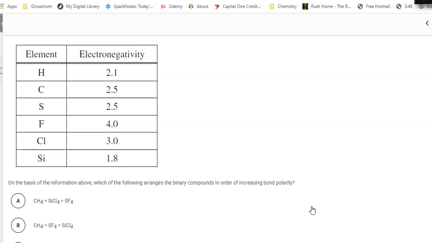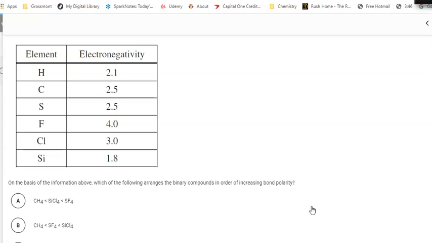However, SiCl4 will stick together with other SiCl4 better than CH4 sticks together with other CH4. And the reason is simply it has more electrons. When you're dealing with London dispersion forces, and all things being equal, the molecule with the most electrons has the strongest London dispersion forces, because the London dispersion forces are temporary polarities that are caused by all the electrons going over to one side of the molecule.